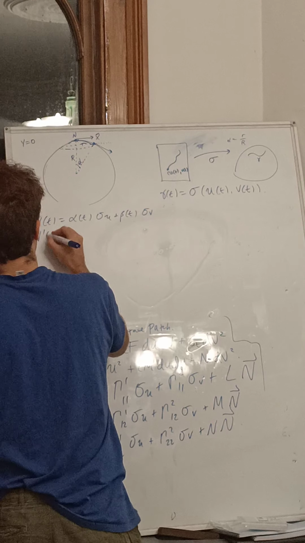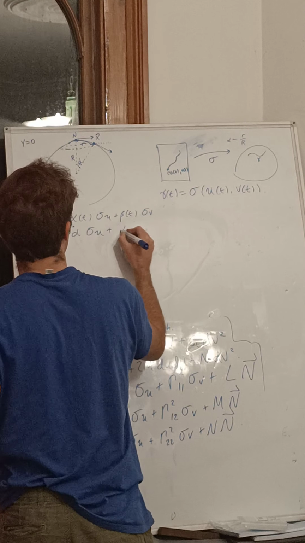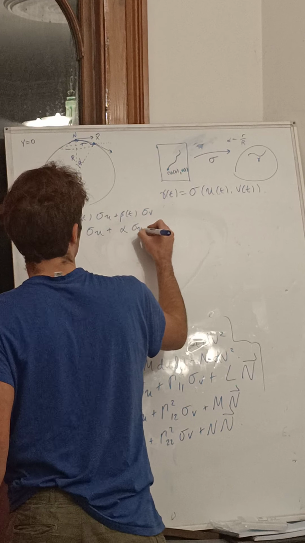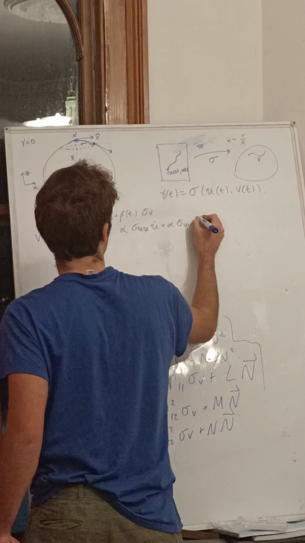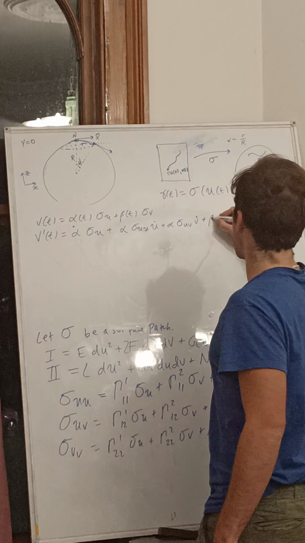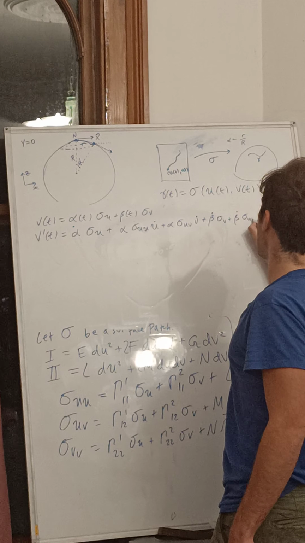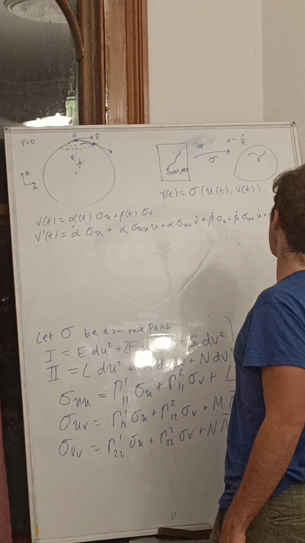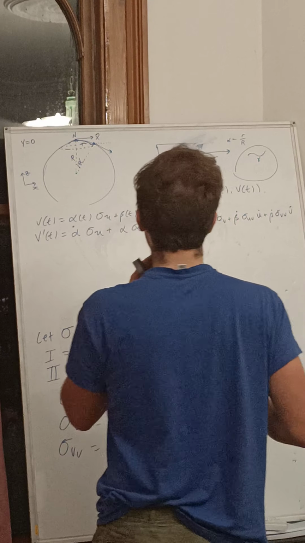So v dot of t is alpha dot sigma u plus alpha times the derivative of sigma u with respect to t, which is sigma u u u dot plus sigma u v v dot, and that's just the first term. Then beta dot sigma v plus beta sigma v u u dot plus beta sigma v v v dot. Okay, so that's looking good.